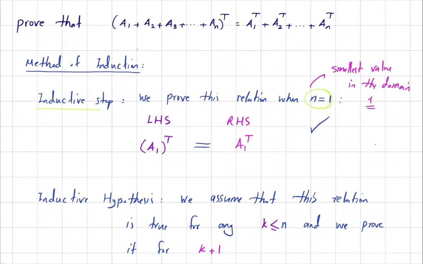Sometimes it's 2, sometimes it's 3. That depends. On the left-hand side, looking at this relation, your left-hand side starts at A1, so your left-hand side is open close parenthesis A1 transpose. On the right-hand side, you have the summation of the transpose, so you have the transpose of A1. But having parentheses doesn't change the fact that you are finding the transpose of the matrix.